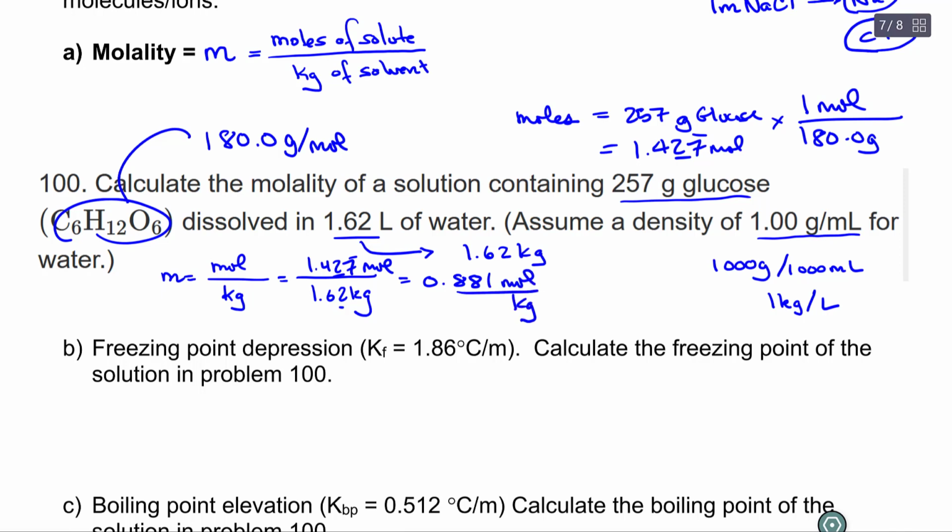And that is the same as 0.881 m. The way we use the unit m, unfortunately, is the same as the symbol. The same is true for molarity, by the way, but it seems to be more awkward for lowercase m.